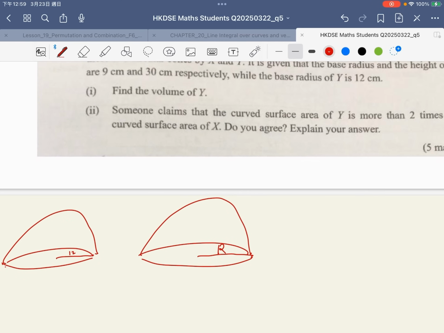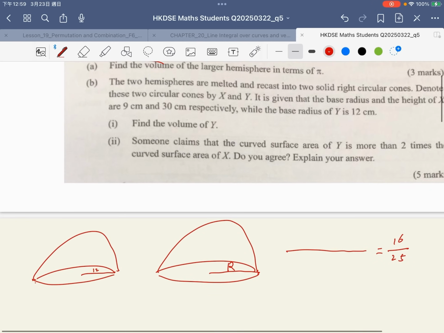The total surface area ratio equals 16 over 25. For the small hemisphere, the total surface area is not included the base.